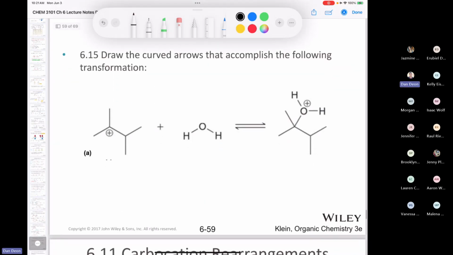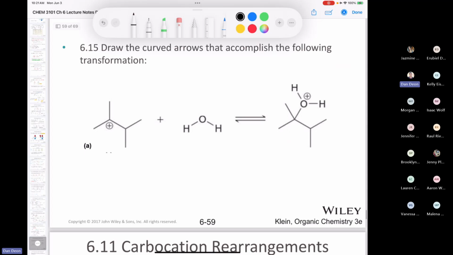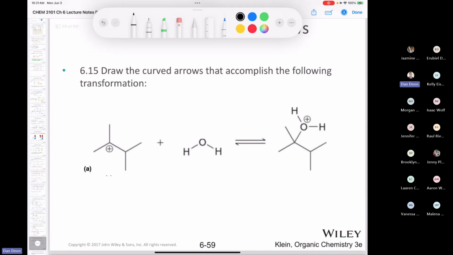So let's see if we can draw the curved arrows for this reaction. First thing I'll do is put in my lone pairs that are missing. There's 2 lone pairs there and 1 lone pair here. So between the carbocation and the water, could anybody tell me which one of these is going to be my nucleophile? Will it be the carbocation or the water?